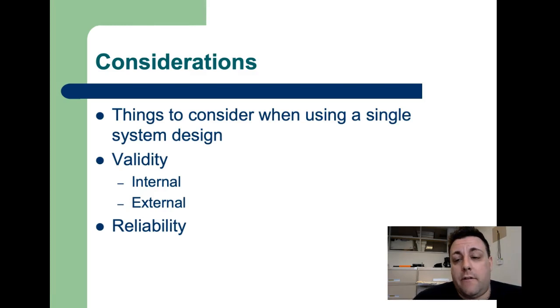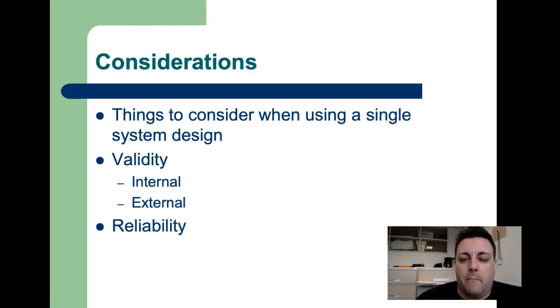The quality of the internal validity really depends on what kind of design you've used. So ABA designs certainly have more internal validity than, say, an AB design, but they also come with much more of these ethical concerns that we have to sort out.